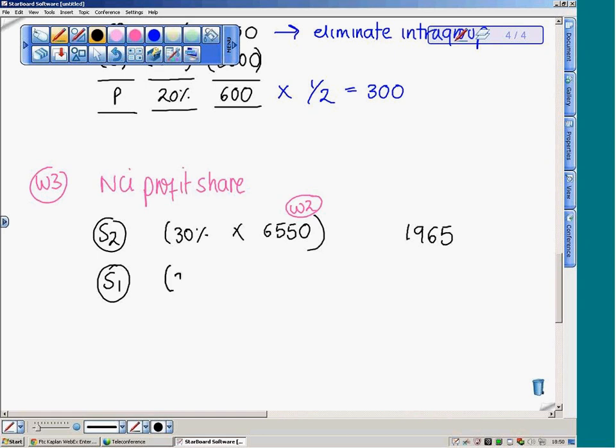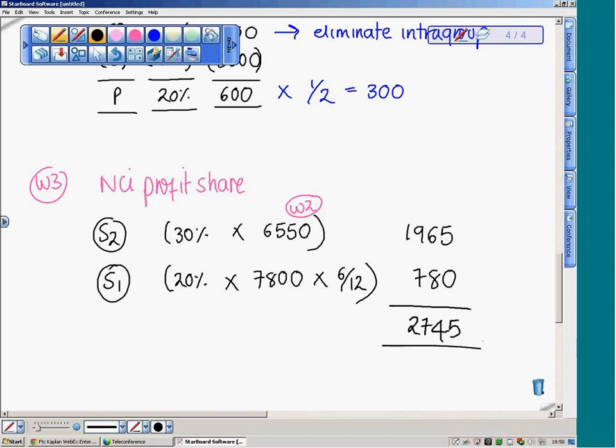Okay, so that's going to be the 20% multiplied by the profit for the full year in that subsidiary. Okay, and I'm picking up this 800 from the individual account and I pro-rata that for 6 months of the year, because I only had this subsidiary for 6 months of the year. That gives me 780. And I total that up, 245 is what I end up with for my NCI.